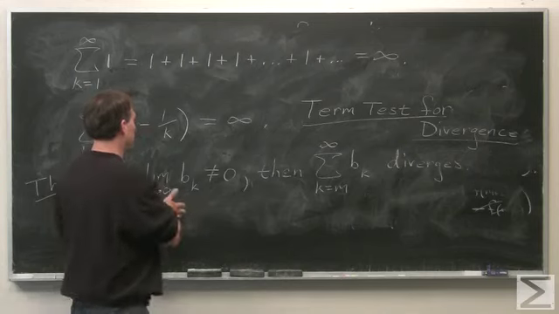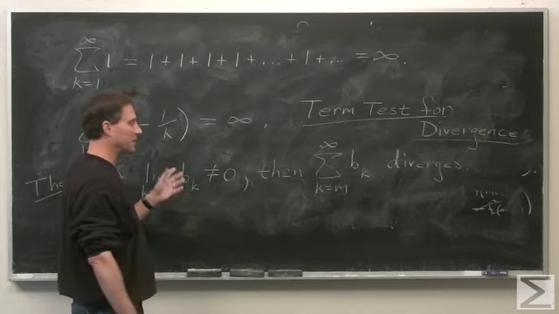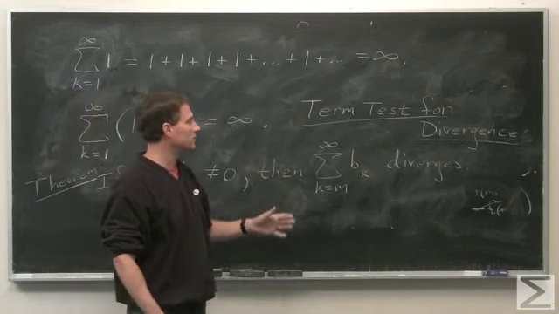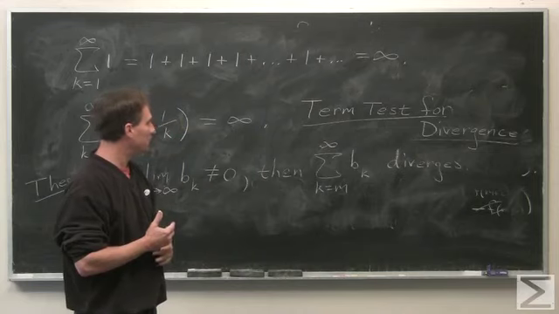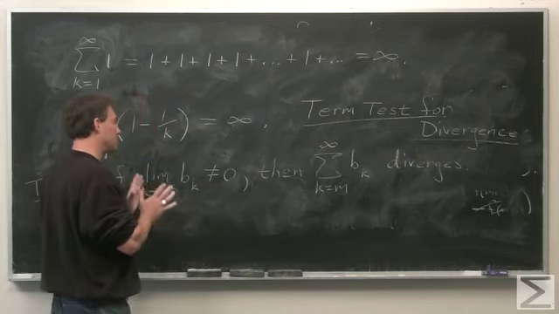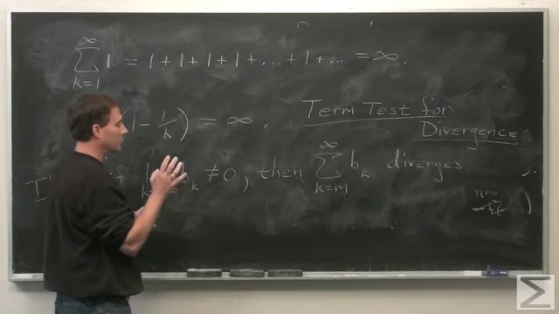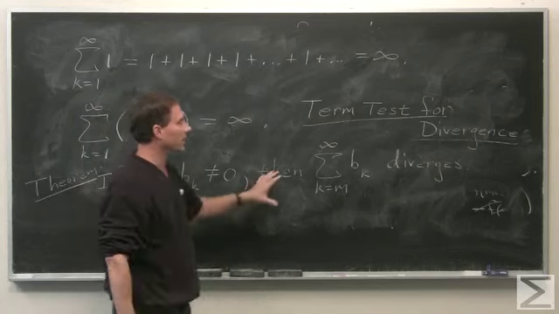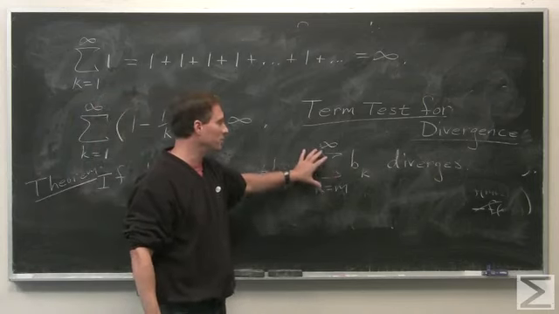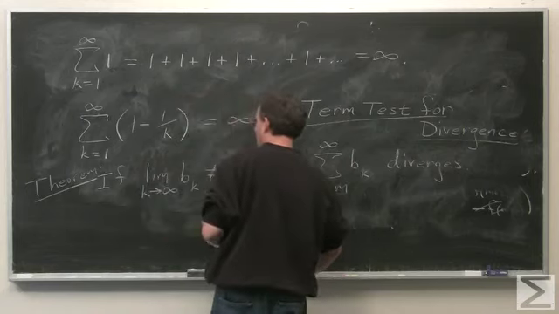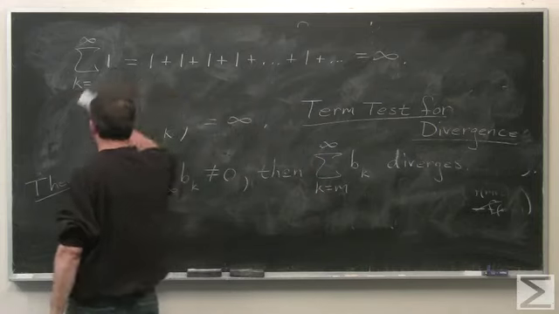But this limit doesn't even have to exist. For instance, bk could be (-1)^k, and still the series diverges. A nice way to remember this is, of course, if the terms approach something that's not 0, then this is like adding up an infinite number of those, and this would be positive or negative infinity.